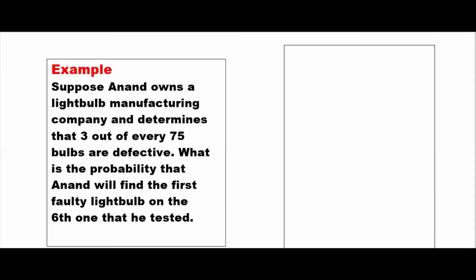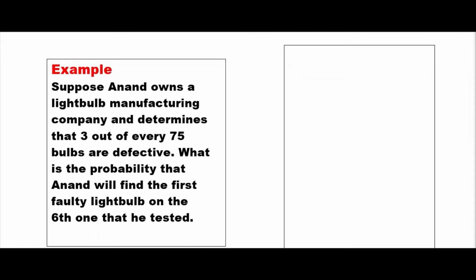Now he's testing. Okay. Anand is a shopkeeper, or maybe he is a customer. He has to check himself, and he knows that out of every 75, 3 are not good ones. So if you purchase one bulb and test it, what is the probability that it's not a good one? Okay, you can check many times, because these are independent.